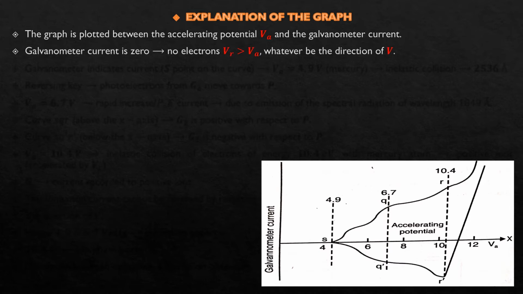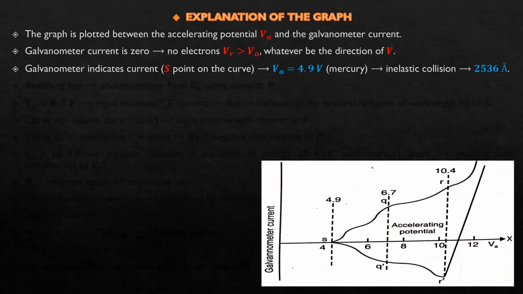The galvanometer current shows 0. When it shows 0, it means no electrons are able to reach the plate, whatever be the direction of V, as VR is always maintained just greater than VA.